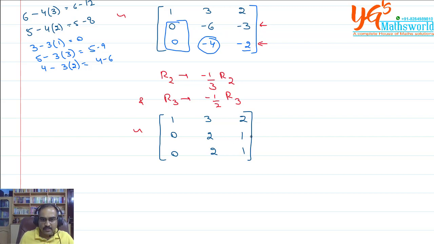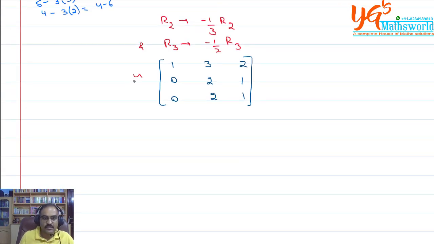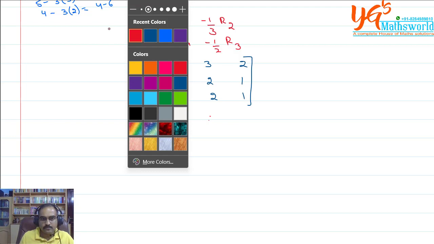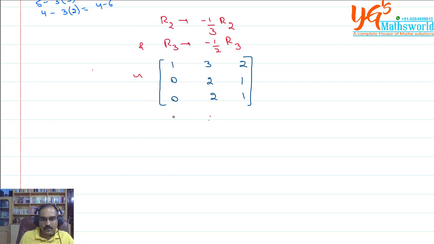Now just check, R2 and R3 both are identical, so it will be very easy for us now. Now we have to apply the operation that R3 tends to R3 minus R2.